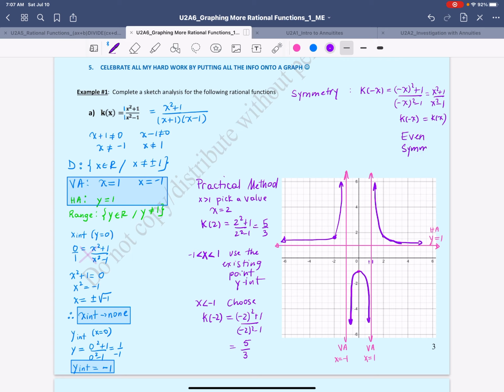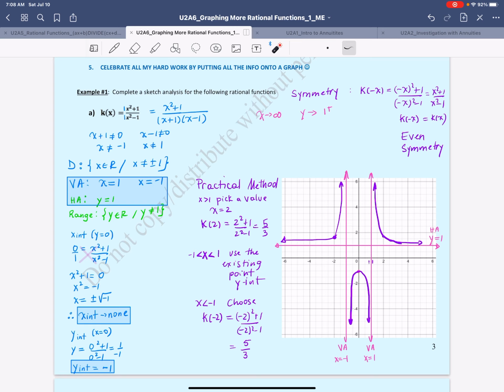And very often we can use even symmetry to draw the graphs faster, because when we know that the function is evenly symmetrical, then we can draw half of the graph and then figure out the rest of the graph based on its symmetry. About the end behaviors, then, we are going to say that as x approaches infinity, the values of y will approach 1 from above.